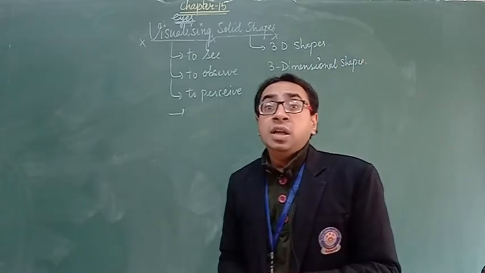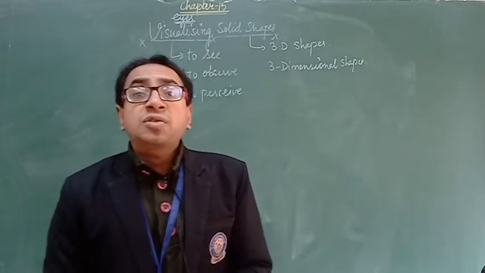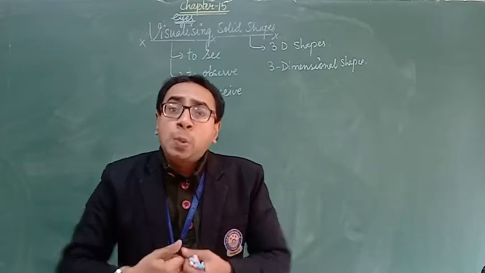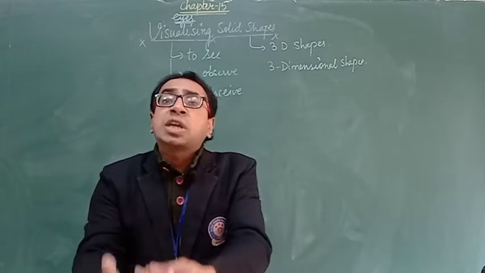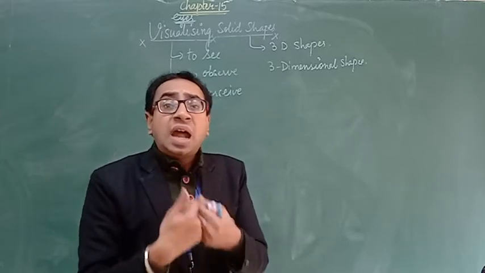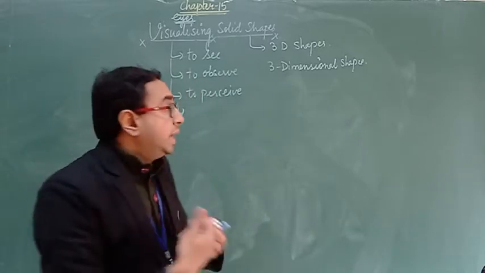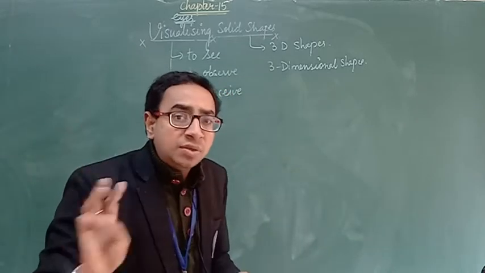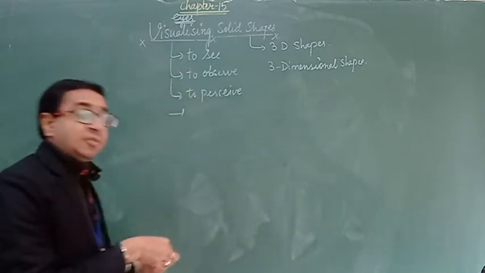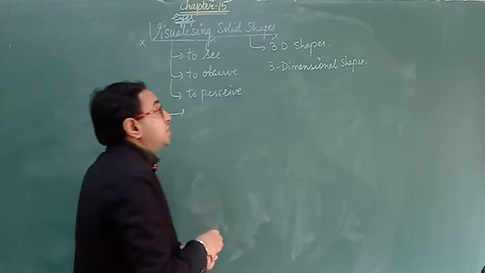Now, you might be thinking, what are dimensions? Dimensions are those parameters by which we can construct or build any shape, any object. That is what dimensions means. A three-dimensional shape means we require 3 dimensions. What are those dimensions?